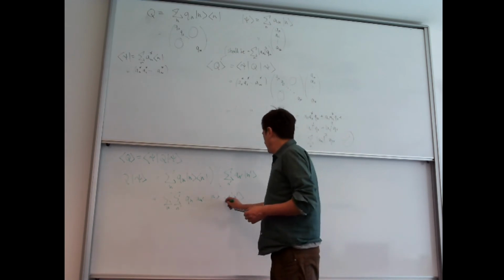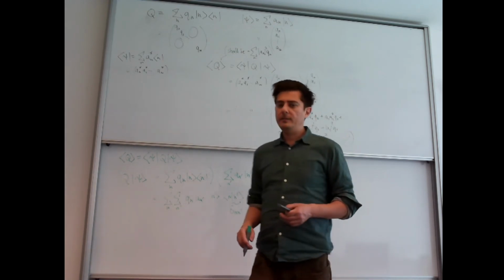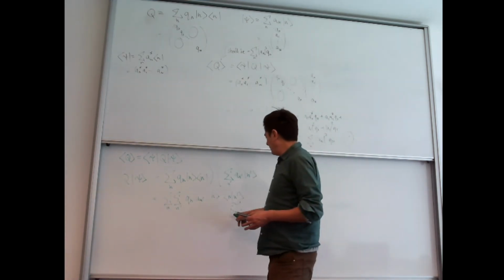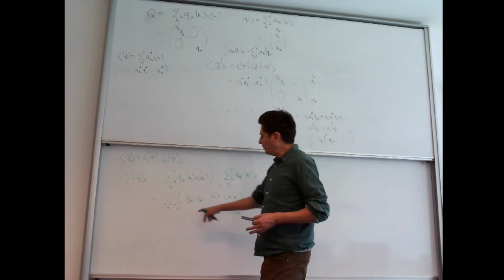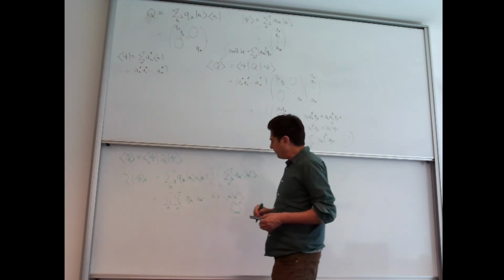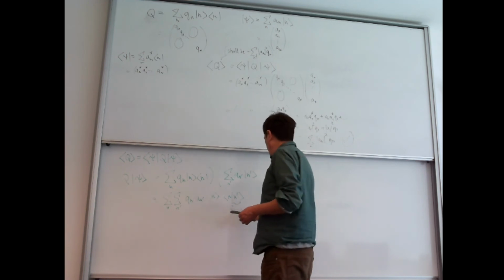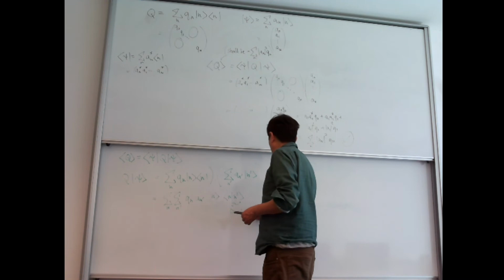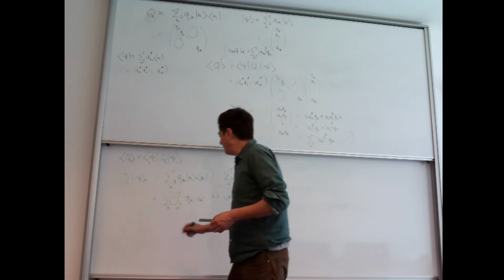We can use our delta function, so we can write this as a delta function. And when you have a delta function, basically the only terms that survive in this double sum are when n is equal to n prime. So n has to be equal to n prime.